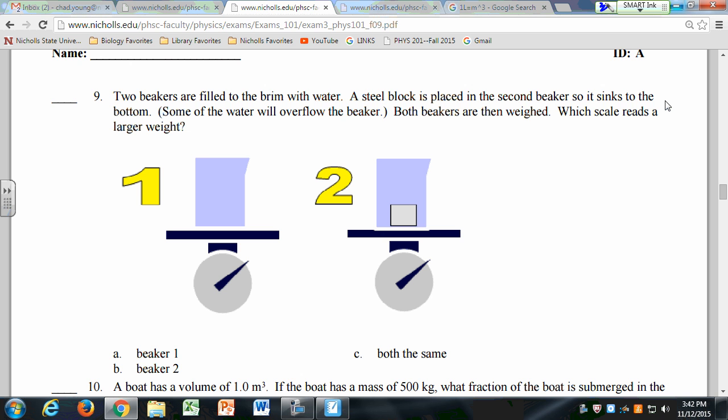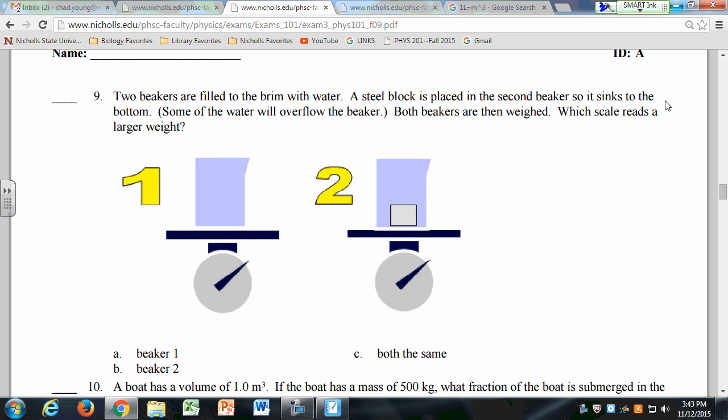All right. So here we have one very similar to this on the concept test, but on the concept test, the object was floating. So which one's going to be heavier here? Beaker 1, Beaker 2, or are both the same? Here, in Beaker 1, you just have water. In Beaker 2, you put a steel block inside of it, but you still have water up to the top. Which one's going to be heavier? They're not the same, right?